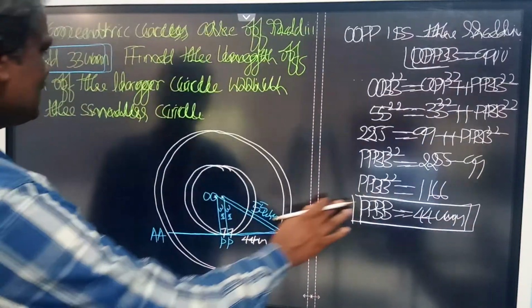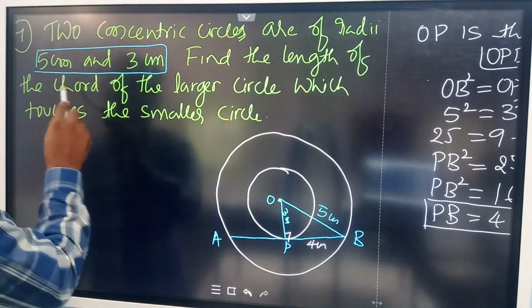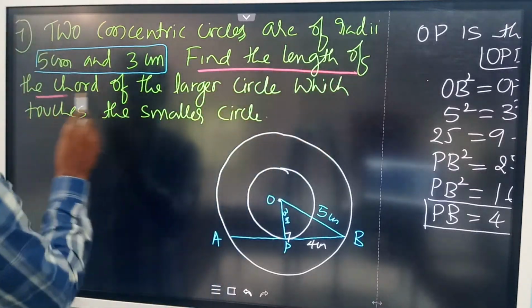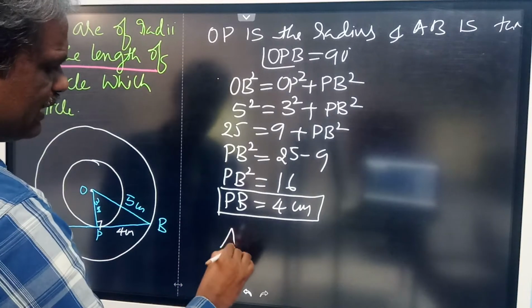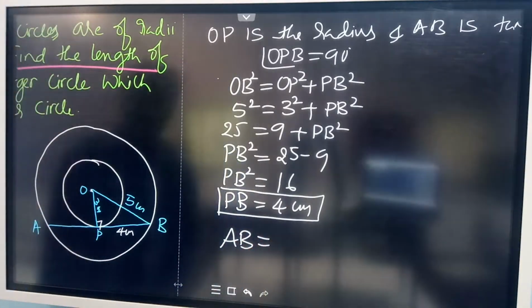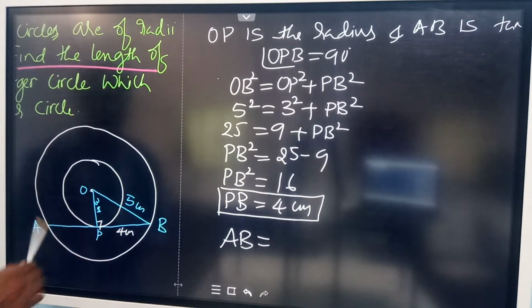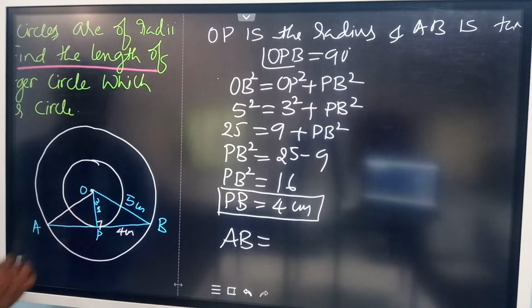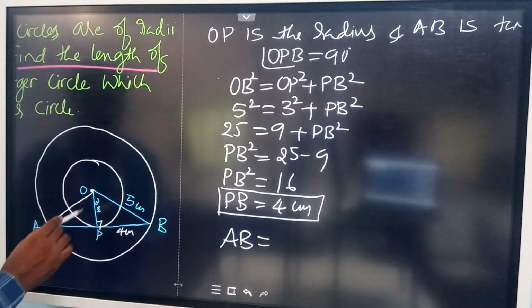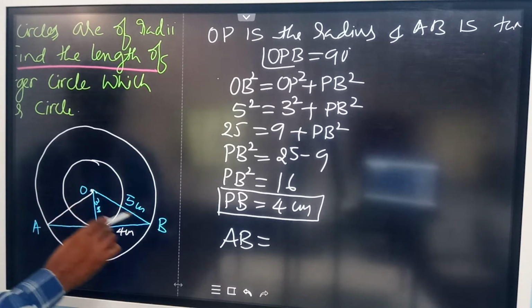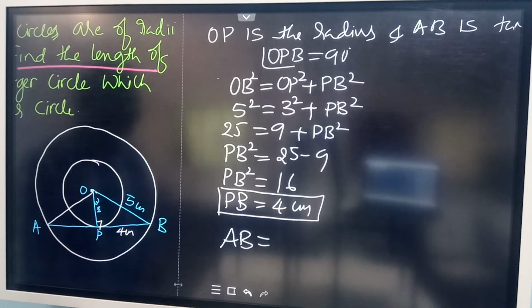But the question they asked is to find out the length of the chord. That means you have to find out the length AB. Look at the diagram. If you join OA, these two triangles will be congruent, OAP congruent to OBP.